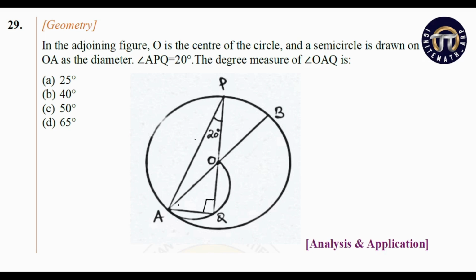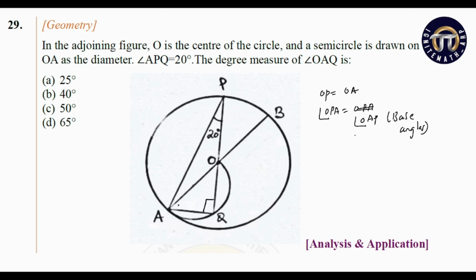Clear, children? Now if you observe carefully here, OP is equal to OA. They are the radii of the bigger circle. That's why I can say OPA is equal to OAP. Why? They are base angles.